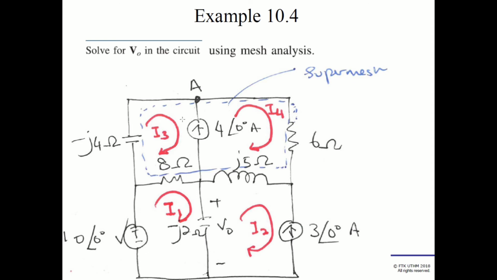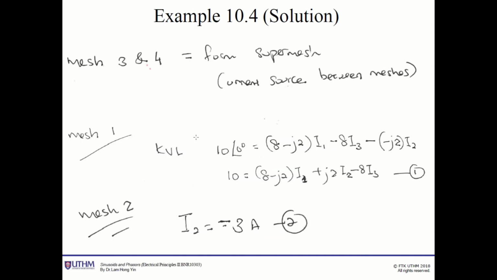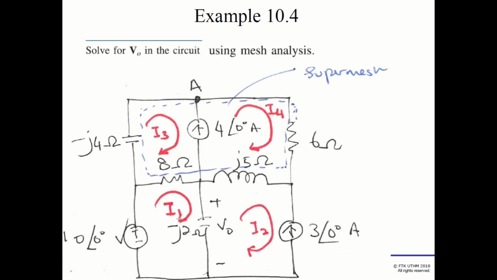So please remember, if you find a current source, not a voltage source, current source only, you can create a super mesh between the two meshes, because there's a current source in the middle of the two meshes. Okay, first you solve mesh 1 and mesh 2.